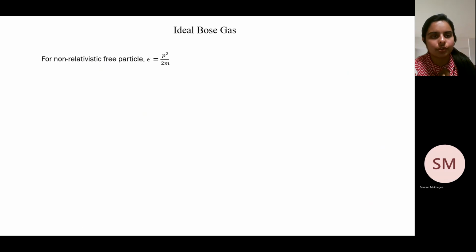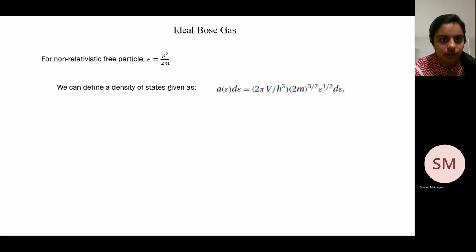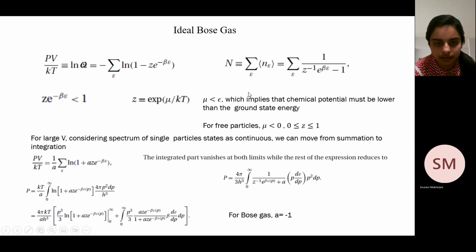Now consider that you have non-relativistic free particles where energy is given as p square by 2m. If you do this substitution, you can define a density of states which is given as g(epsilon) d epsilon equal to 2 pi V by h cube (2m) to the power 3 by 2 epsilon to the power half d epsilon, right? How do you see that?